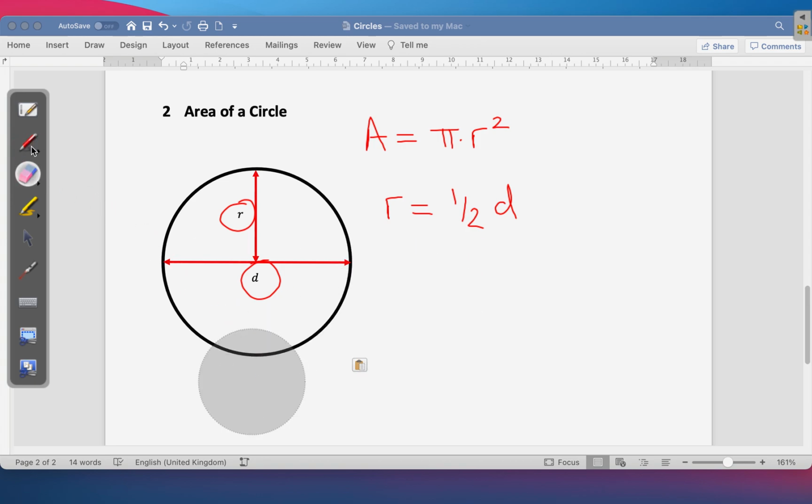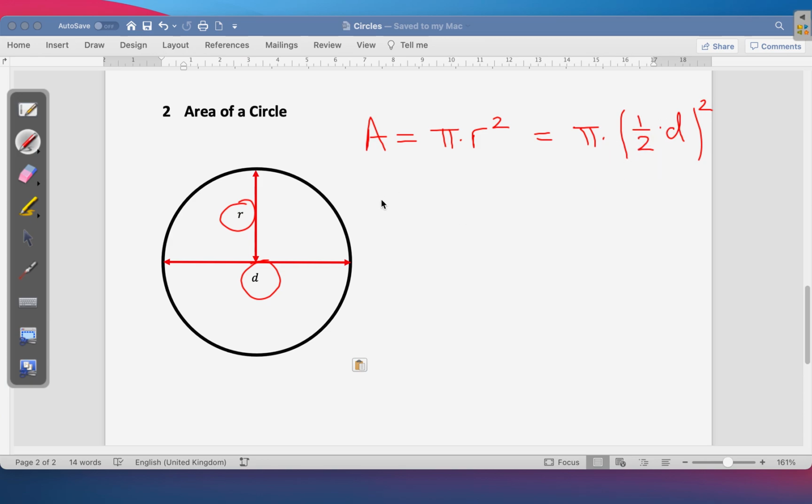So if we substitute in a half d, we get pi times the radius, which is a half times d, squared, and then we calculate this part of the equation. The area is equal to pi times, now a half squared is a quarter, and d squared is just d squared.